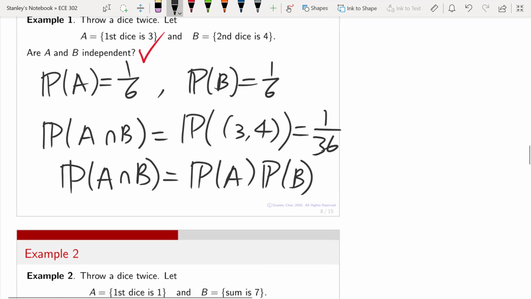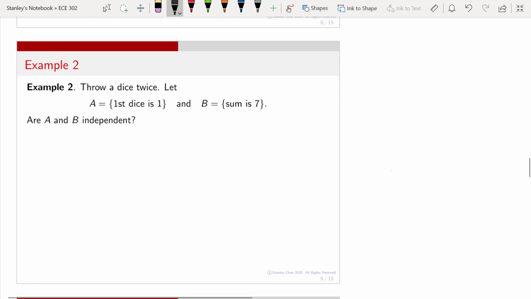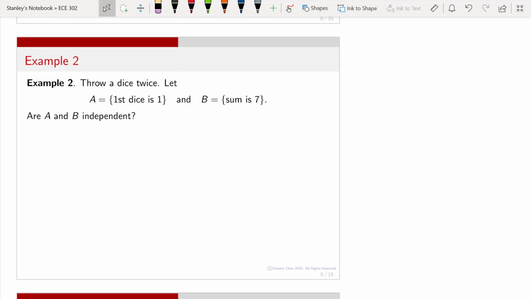Now, let's move on to the more difficult case. Suppose that you throw the dice twice, and the first dice gives you 1, and then the second dice gives you 6, so the sum is 7. We ask whether the two events are independent or not. So what is the probability of A? The probability of A is 1 over 6, that's clear.